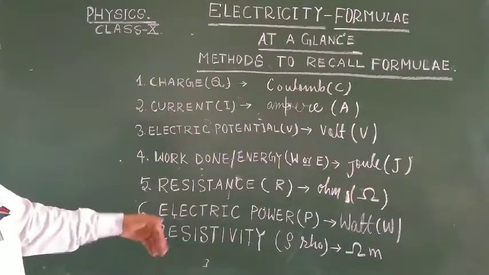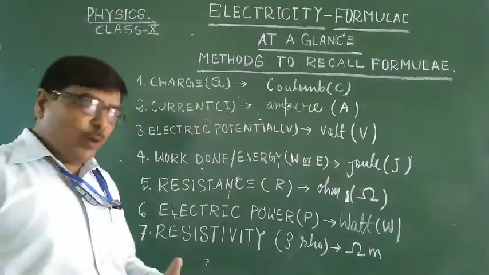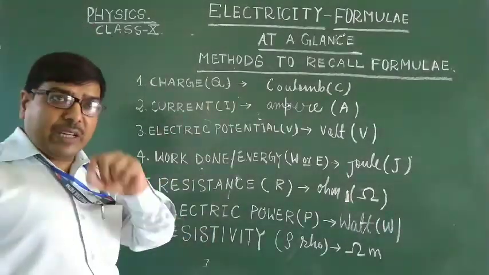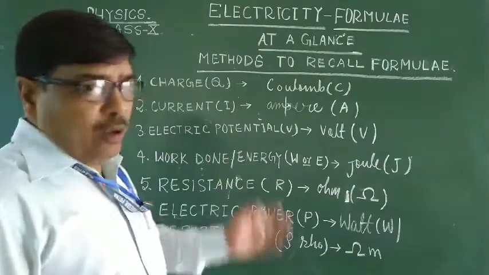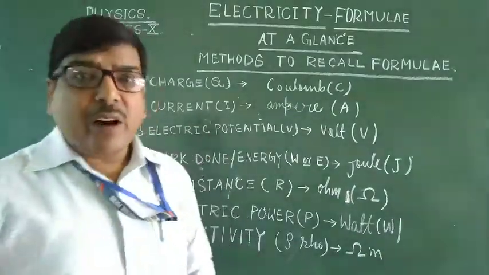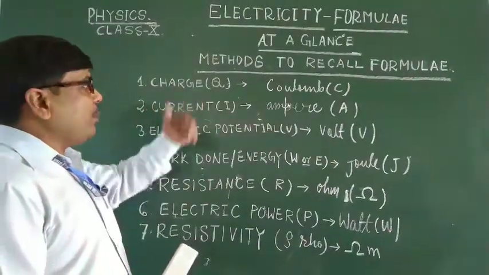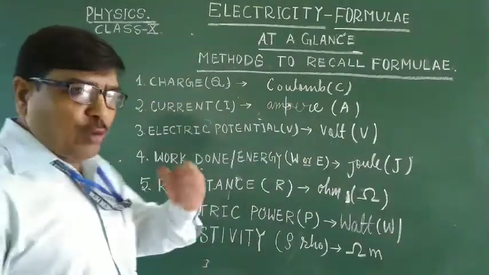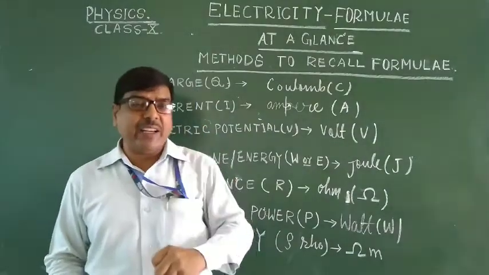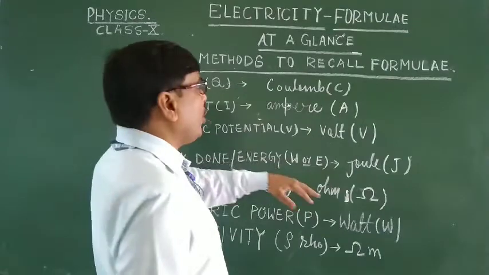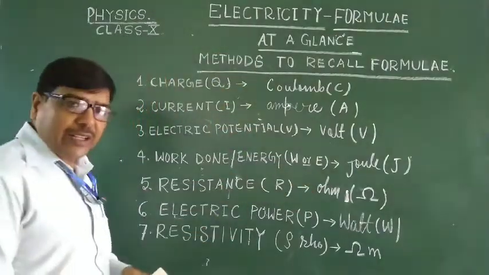These are some terms which are generally used, and these terms are interrelated to each other. So, coming to the point, how to remember the formulas with the help of some techniques. Today we will learn those techniques which are used to recall all the formulas used in electricity.